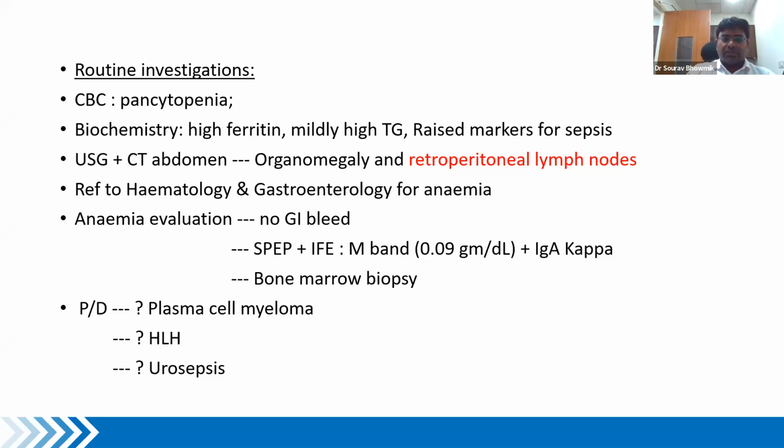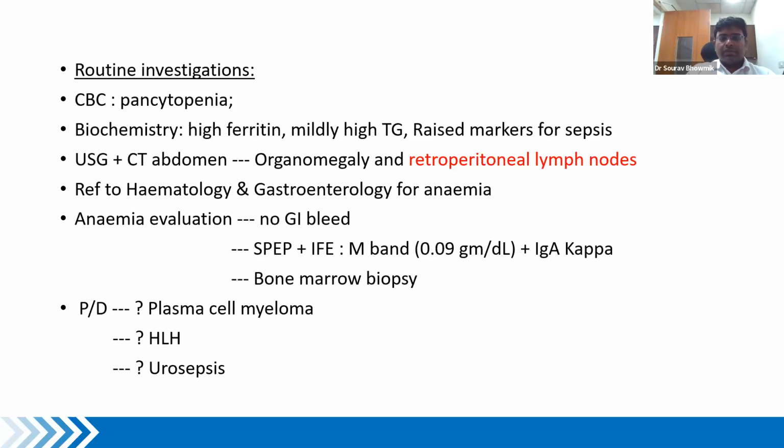So the hematologist advised a bone marrow biopsy, and unfortunately the patient underwent bone marrow biopsy directly without bone marrow aspiration. With probable differentials in mind, it might be a case of plasma cell myeloma, or, keeping in mind the high ferritin and mildly high TG, a case of HLH or urosepsis.